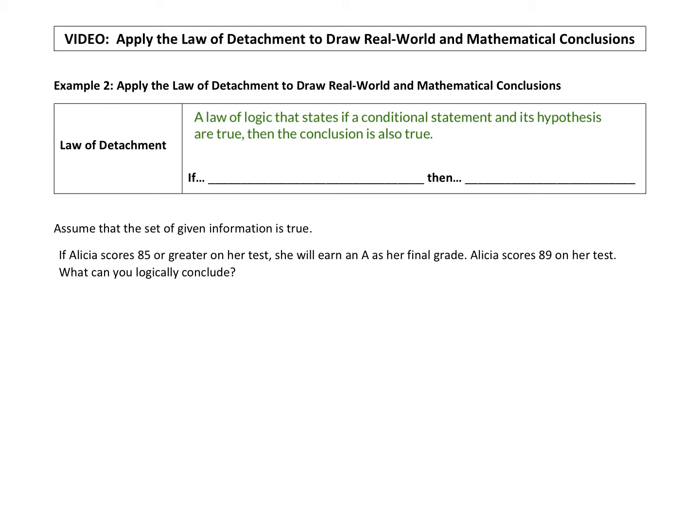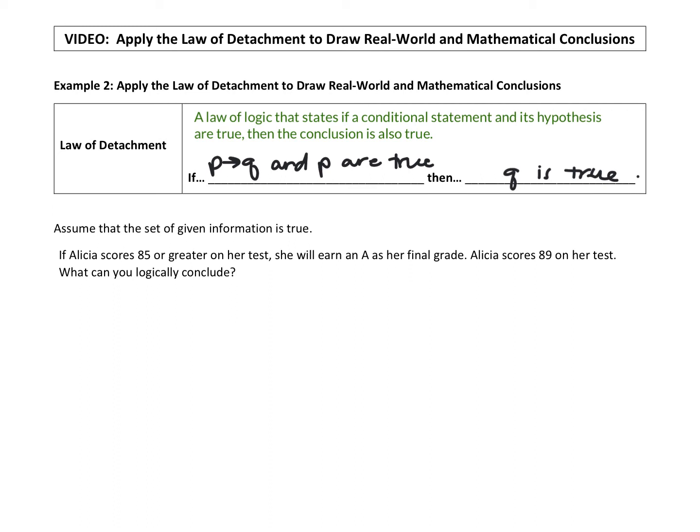Okay, so what that looks like in our symbols that we've been using: if P then Q, so there's your conditional, and the hypothesis P are true, then the conclusion Q is true. That's the law of detachment in symbols.